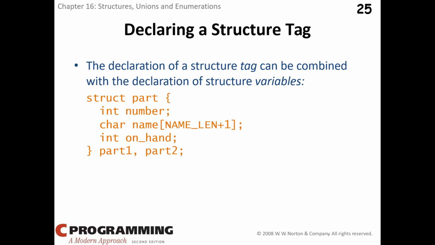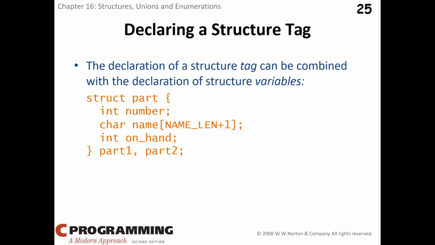These variables are of type struct part and have the same structure definition as specified by the structure tag. This combined declaration provides a convenient way to define a new structure type and create variables of that type in a single statement. It's worth noting that the structure definition enclosed within the curly braces is followed by a semicolon.